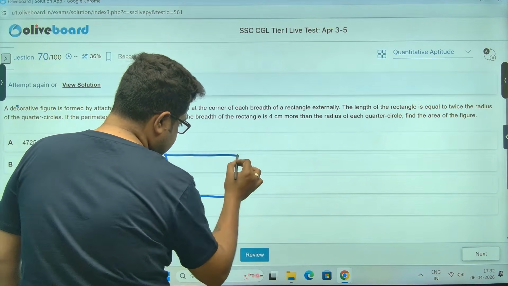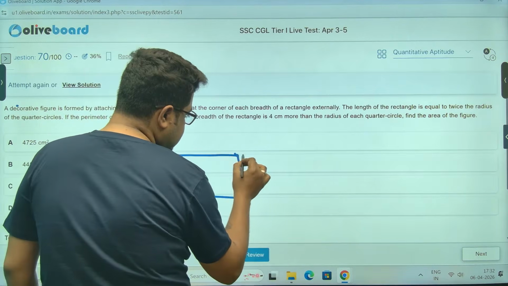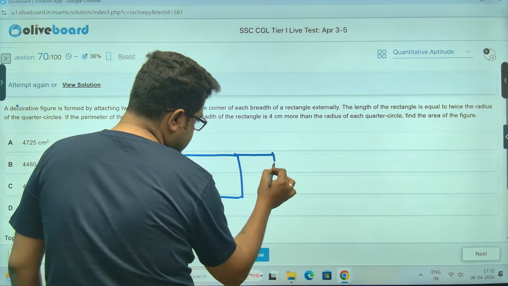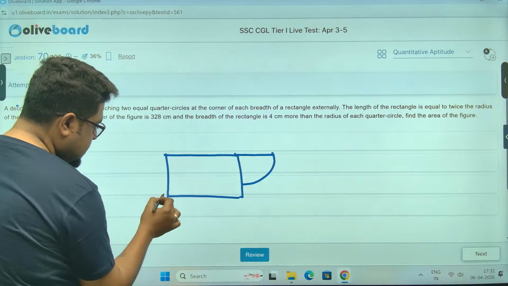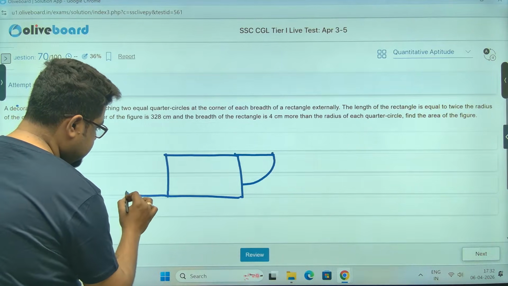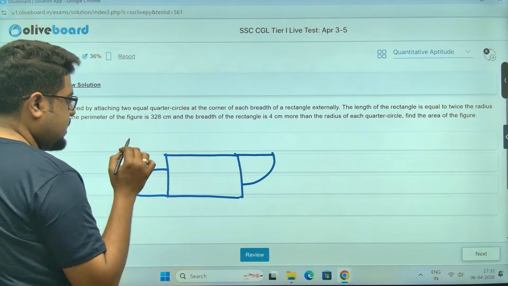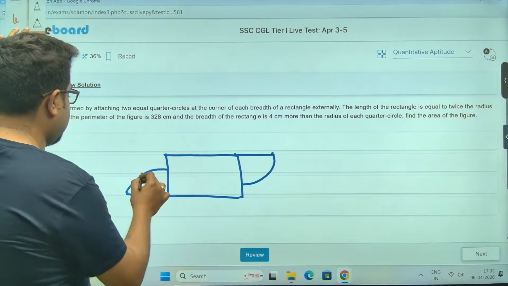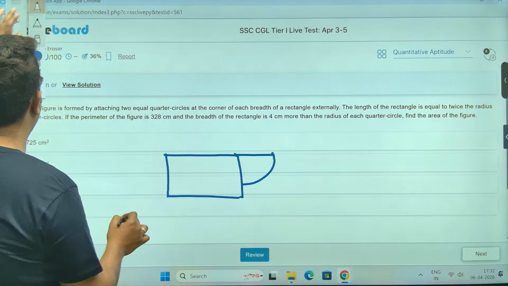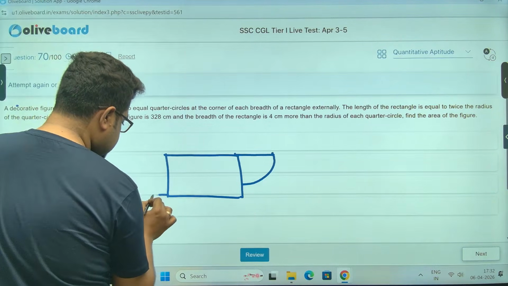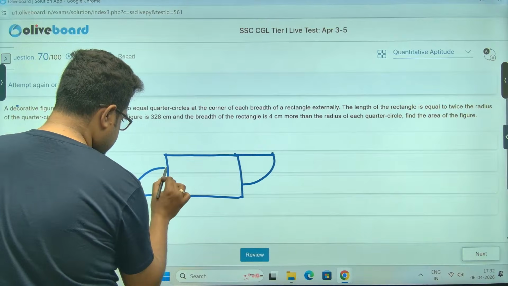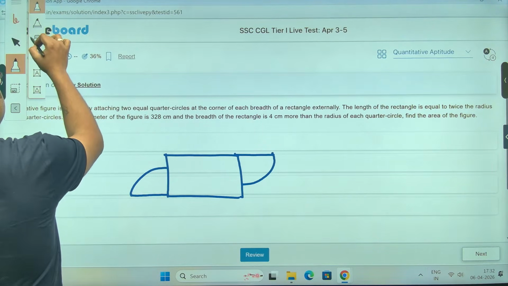First of all, the rectangle is this. Quarter circle is attached at opposite ends. This is how it looks.